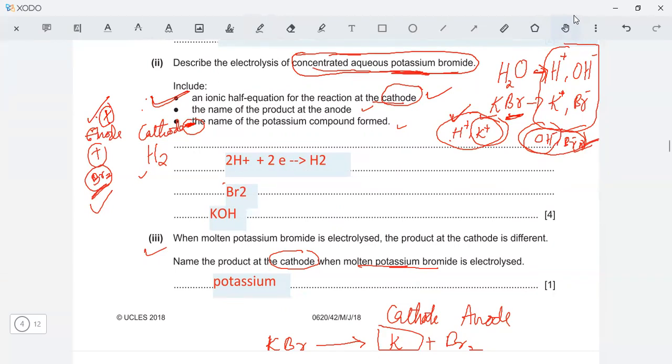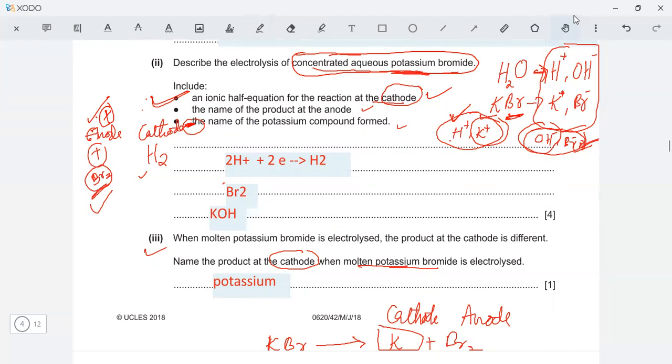Positively charged ions are discharged, or deposited, at the cathode because positive charge is attracted towards the negative cathode. The negative ions, what we call anions, hydroxide and bromide, discharge at the positive anode.